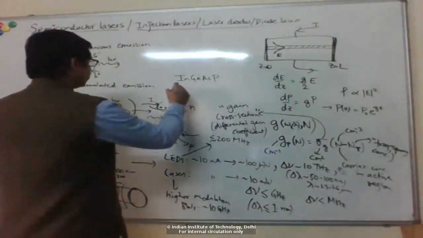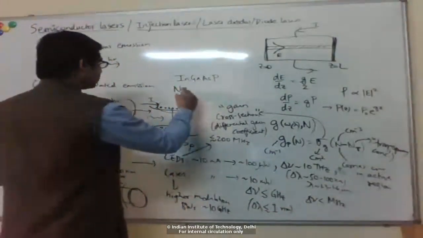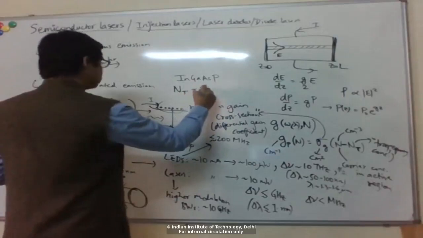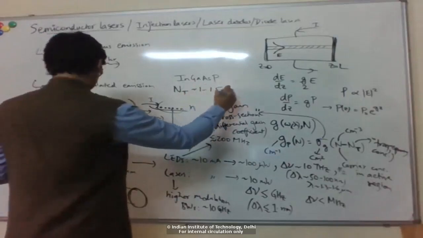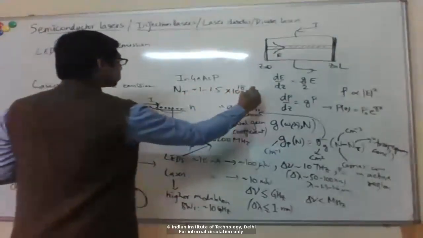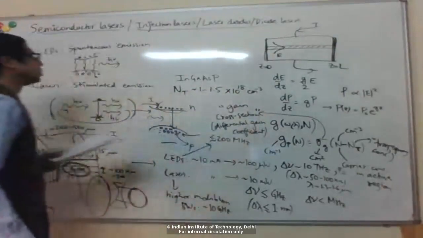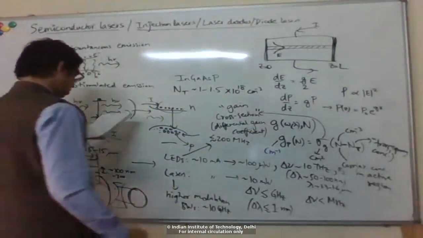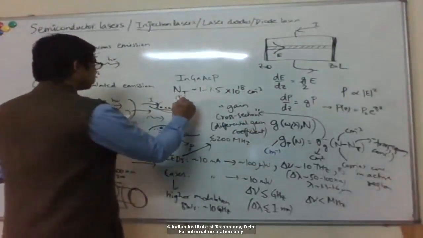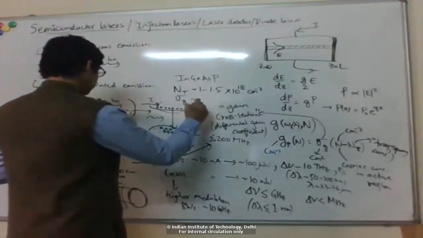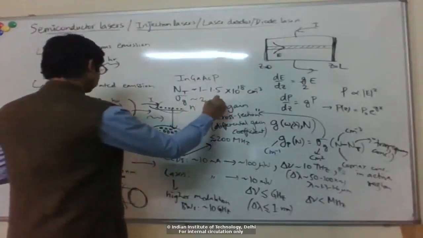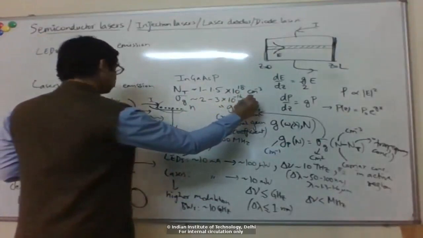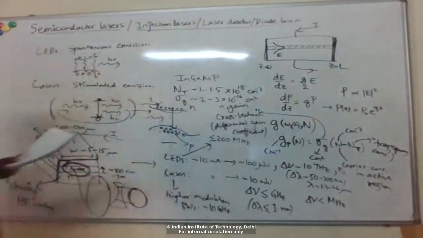For this material system, the transparency concentration is somewhere around 10 to the 18, and the differential gain cross section is 10 to the minus 16 centimeters square.